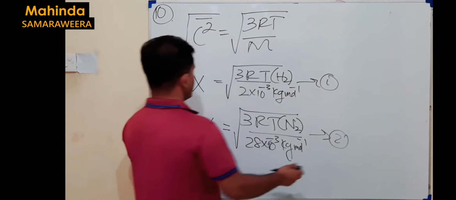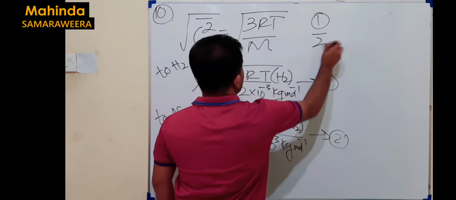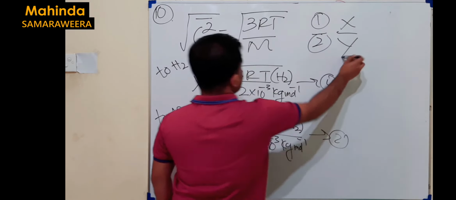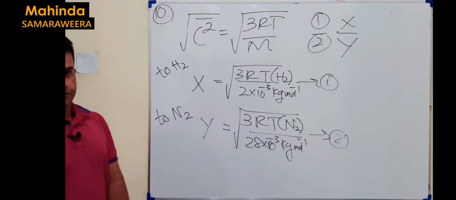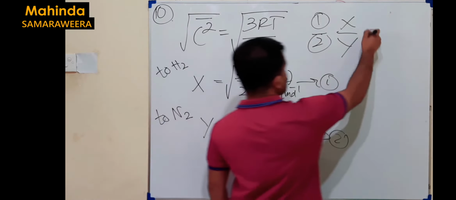Now I divide the first one by the second one. It's x divided by y: the root mean square speed of hydrogen divided by the root mean square speed of nitrogen.